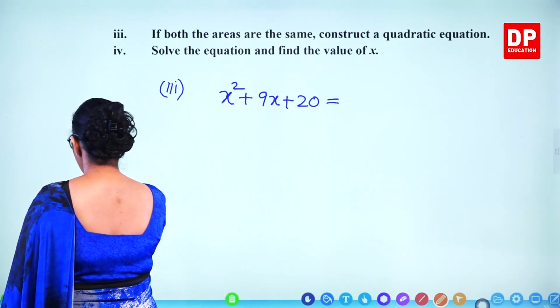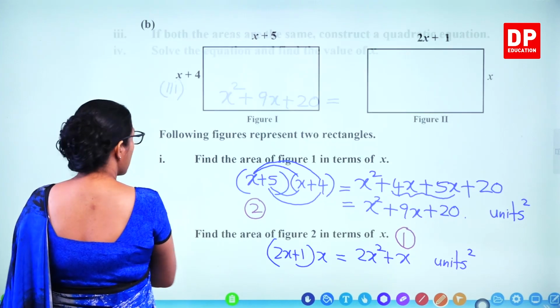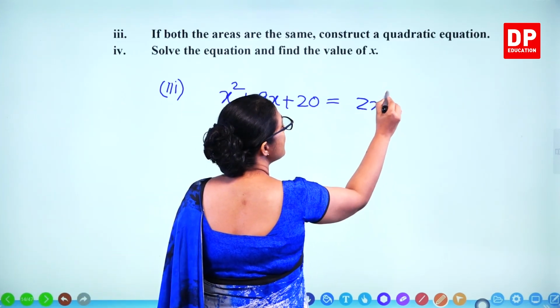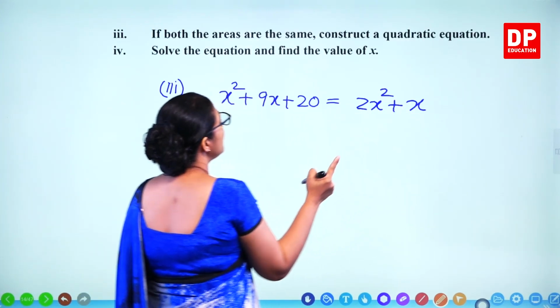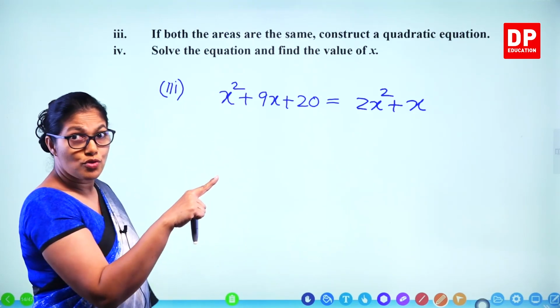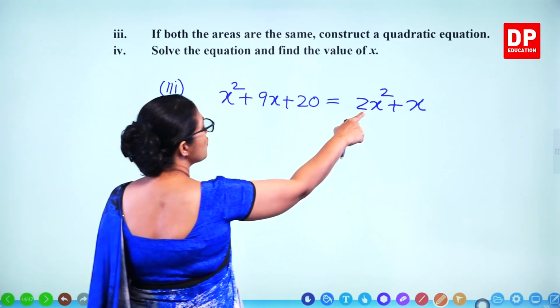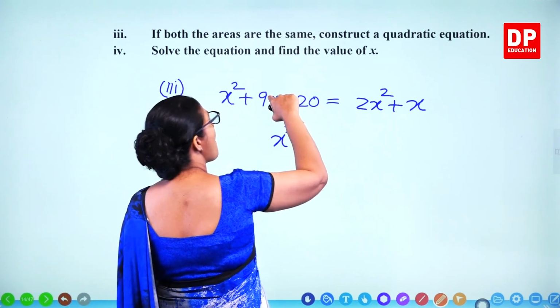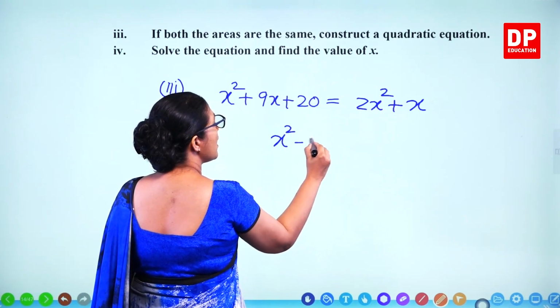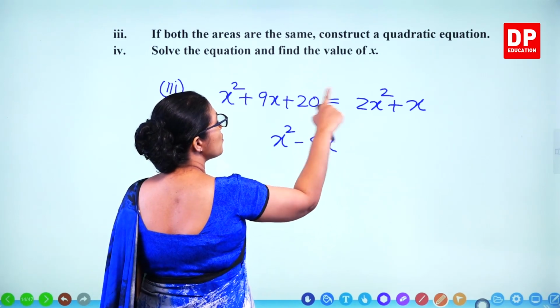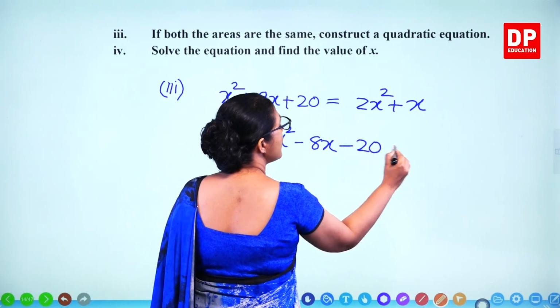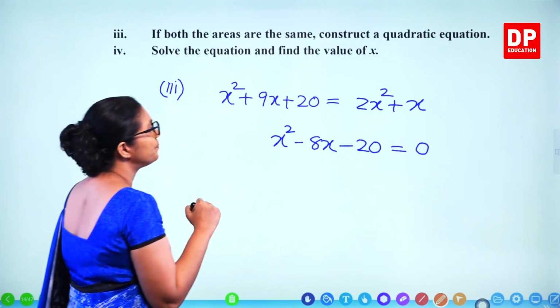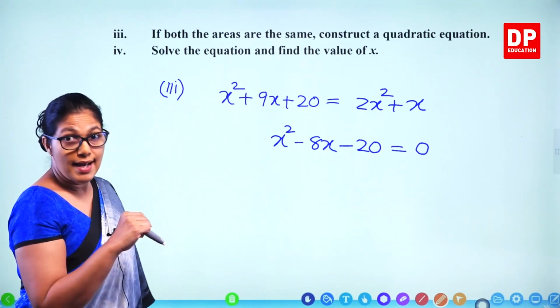That's equal to 2x squared plus x, because the areas are the same. Now take all terms to the other side. 2x squared minus x squared, you get x squared. x minus 9x, minus 8x. And 20, when you take it to the other side, that's minus 20. Now we have to factorize and solve this.